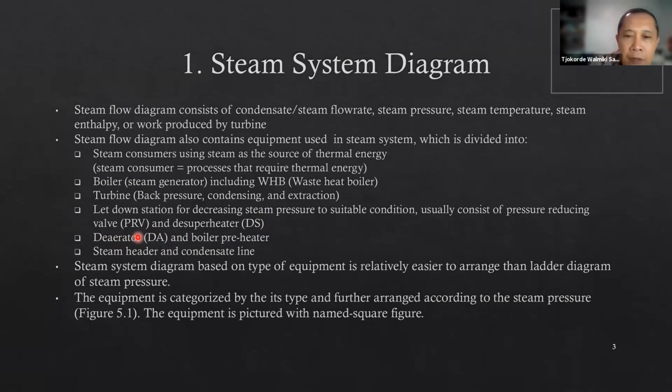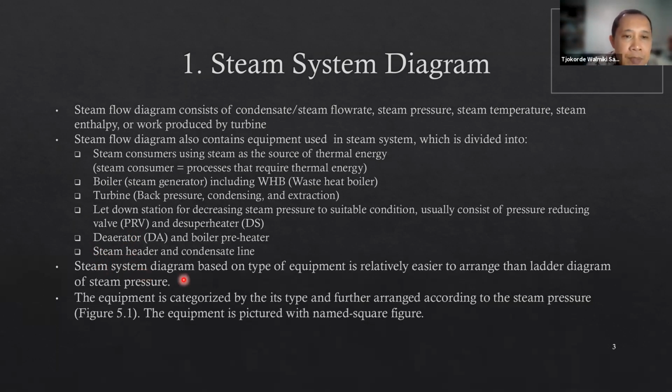One of the most notorious impurities in water is dissolved oxygen. That's why we need this deaerator unit within the steam system. And last but not least are the steam headers and condensate lines. I will show you in a few minutes what these look like.